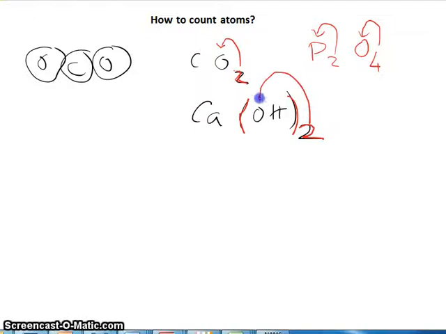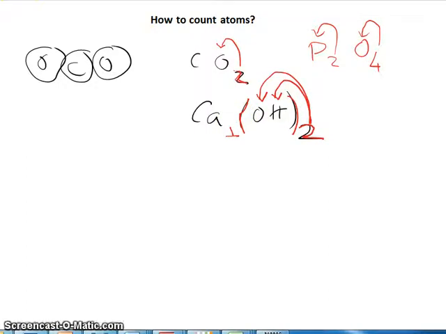So there's 2 atoms of oxygen, 2 atoms of hydrogen. That's it. And since there's nothing stated here, that means it's 1 atom of calcium. So if they don't say anything, it implies that there's one atom of calcium. Okay, good.